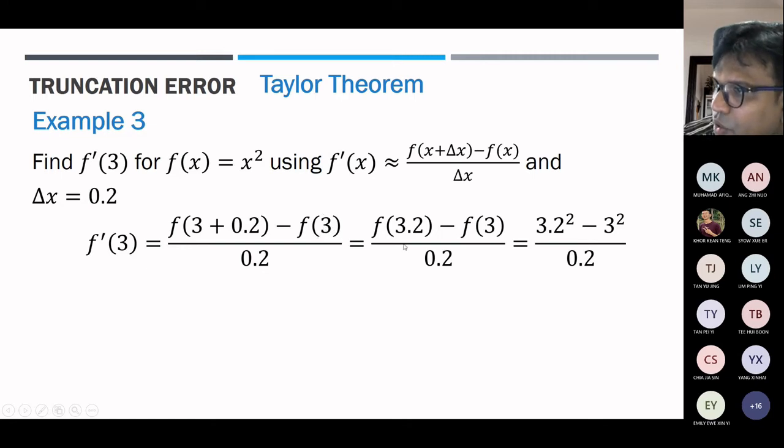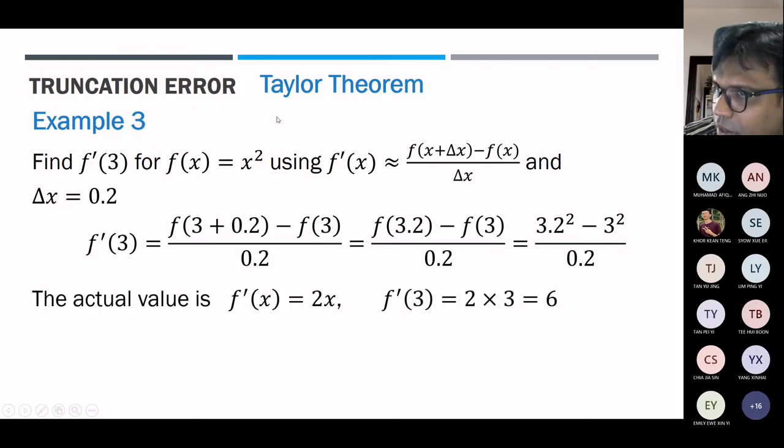When you plug the given quadratic function into it, you get the value. The exact value you can get by directly differentiating this function, which is 2x, and you substitute the 3 and you will get 6.